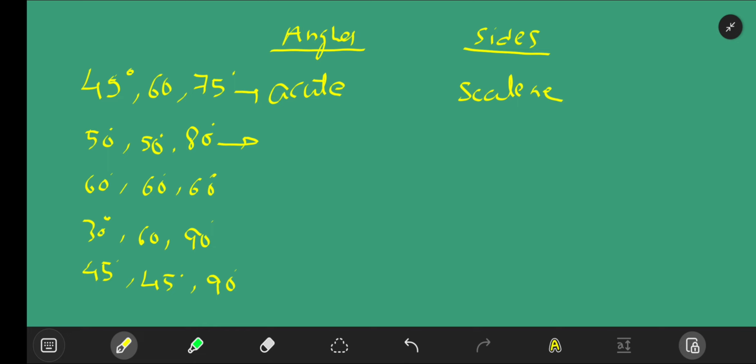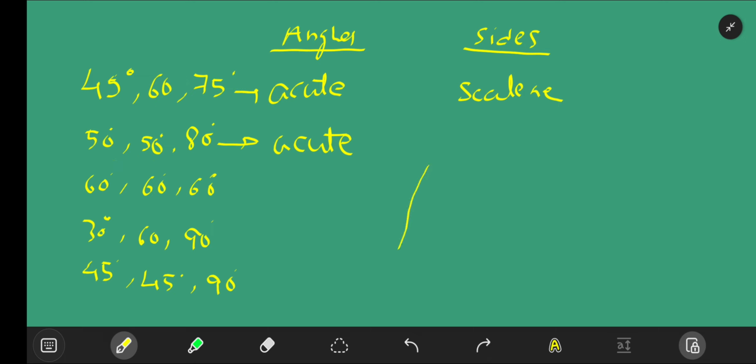Now here 50 degrees, 50 degrees and 80 degrees. If you see here, all angles are less than 90 degrees, so it is acute. According to angles, it is an acute angle triangle. And according to sides, these two angles are the same, 50 degrees, 50 degrees.